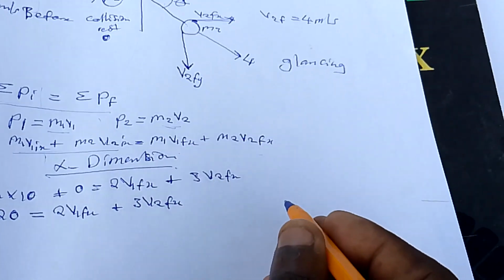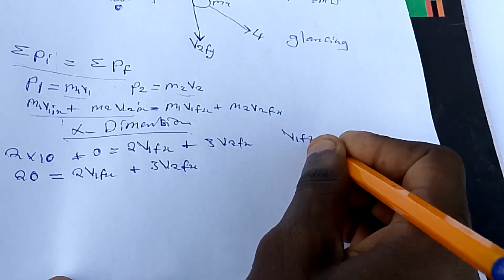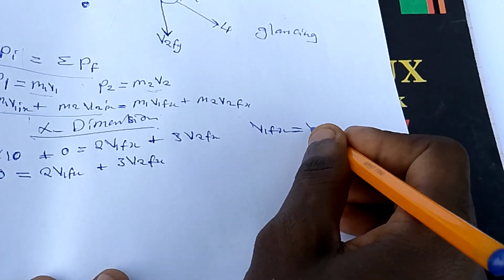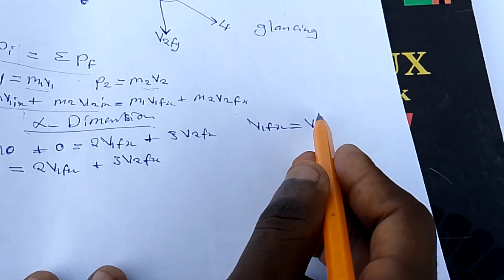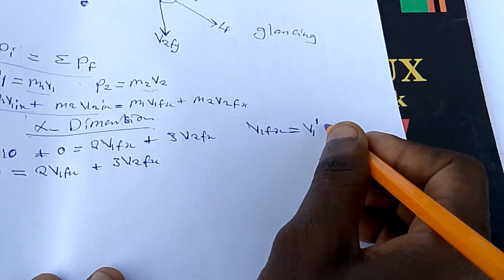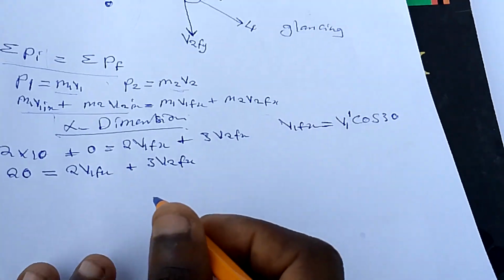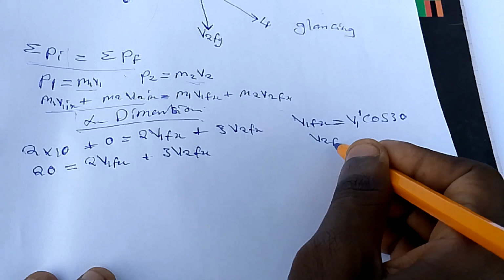So what I'm saying is v1 final x, in the x direction, is the same as v1 prime times cos 30. This prime means after collision, final velocity.